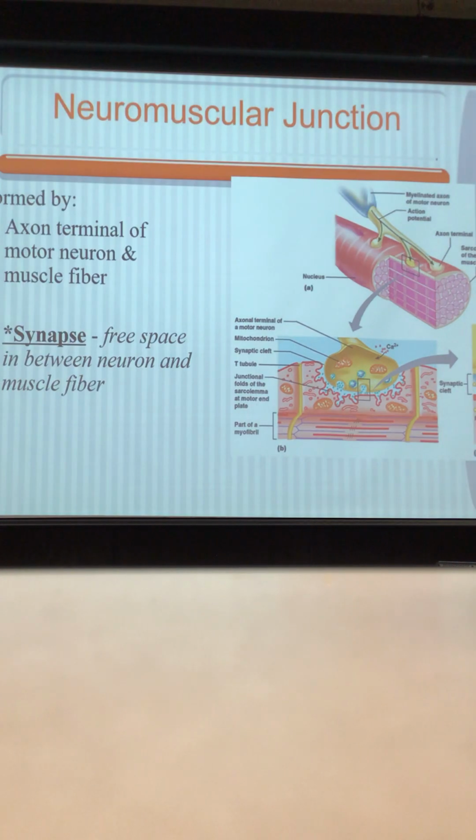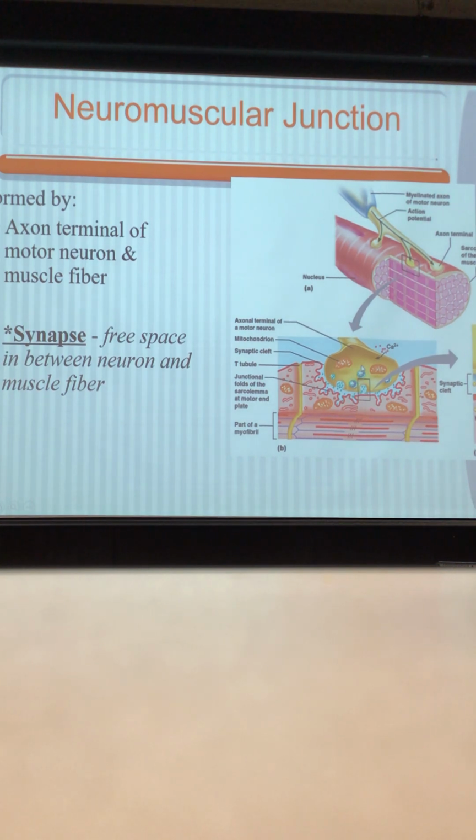Okay, so here we see a slight issue because we initiate a nerve impulse from the brain. It's going to come down to the muscle, and that nerve impulse is going to tell the muscle to contract. But wait, when that nerve impulse gets to the end of the axon, it reaches a dead end, doesn't it? Because there's a synapse here.